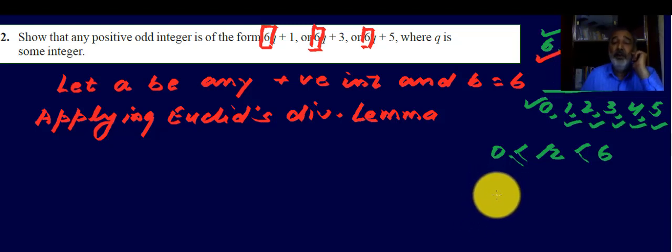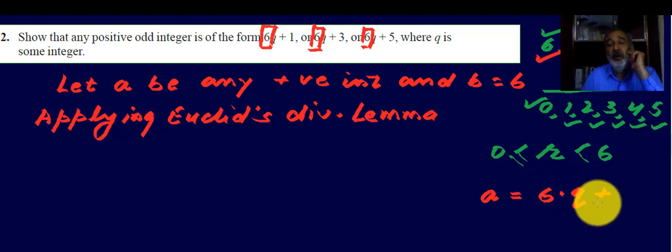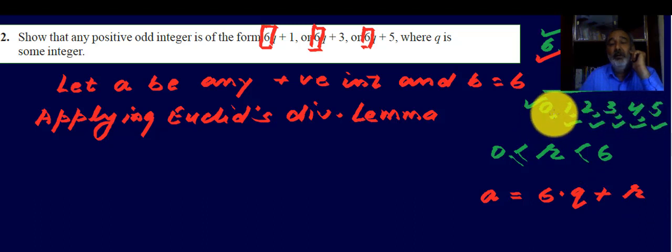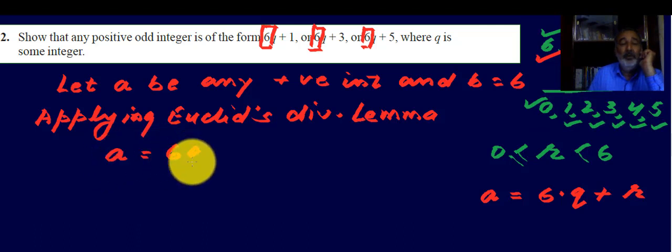What will this a be? A is equal to 6 multiplied by q plus r, where the value of r is any one of this set. इस सेट में से r की कोई वैल्यू हो सकती है. So a is equal to 6q plus r here.